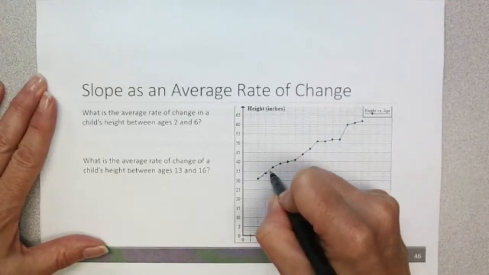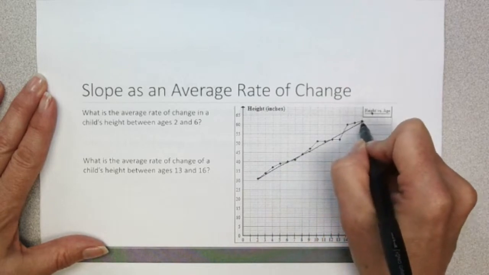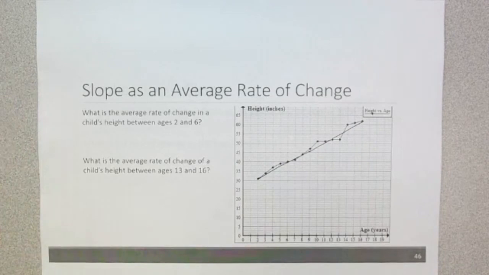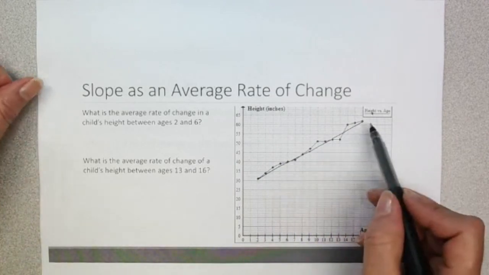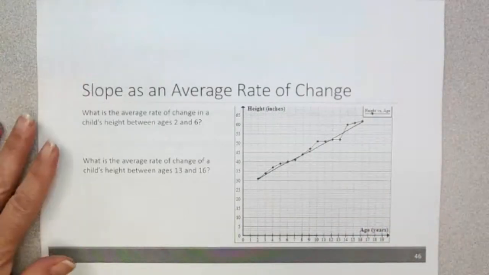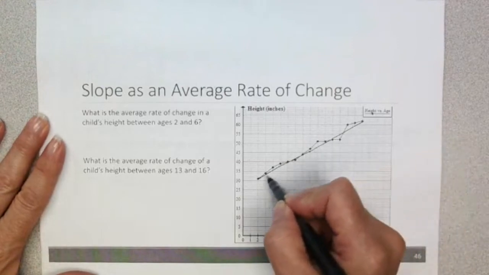It's almost linear. So we might imagine a line like this, and that's pretty close, right? Some of those points aren't on that line, but some of them are, and that's sort of an estimate of a linear function, right? The rate of change of that line is going to be the same always, right?